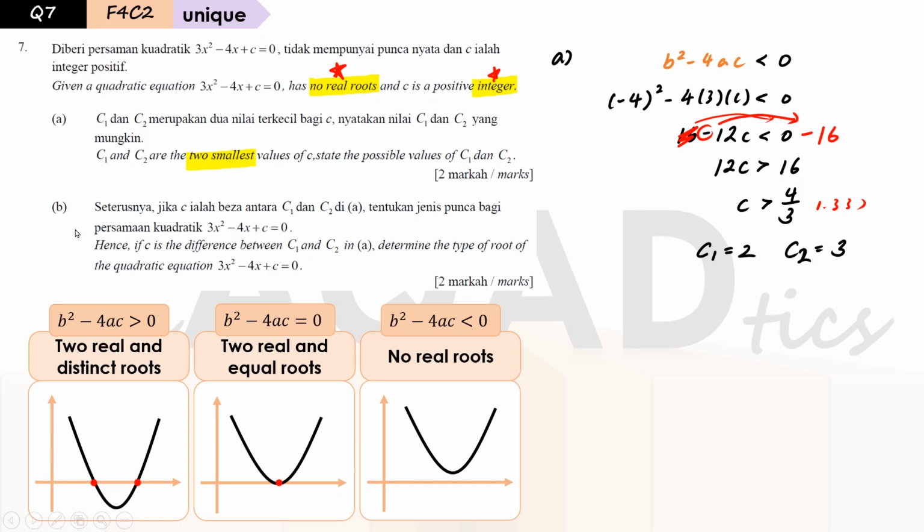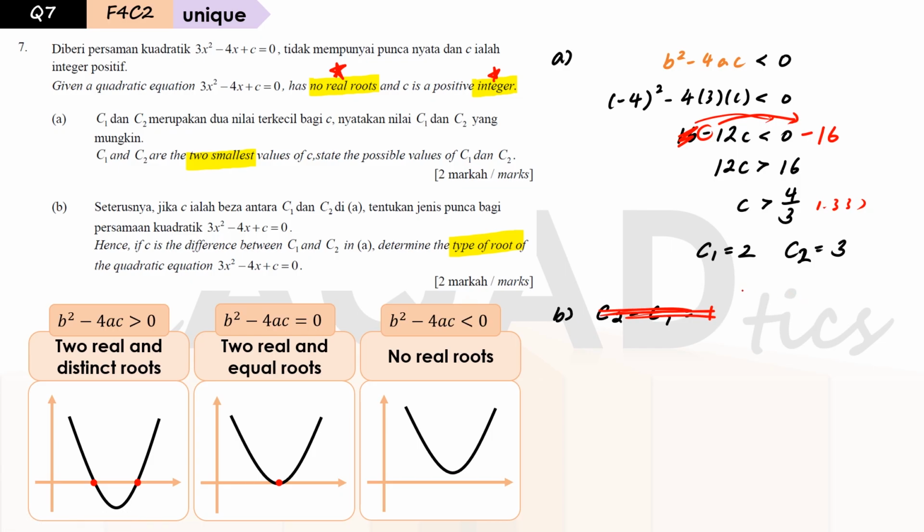For the next part, it says that, hence, if c is the difference between c1 and c2 from our previous part, which is 2 and 3, we need to figure out the type of root using the same equation but with the new value of c. Let us find the value of c first. Let me change the working here a bit. It shouldn't be written like this.